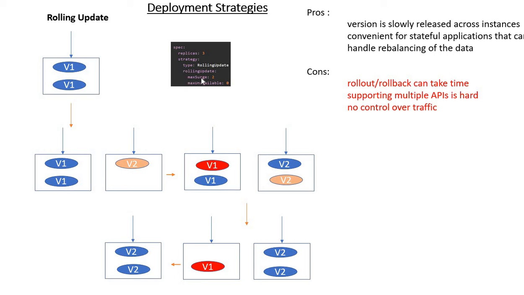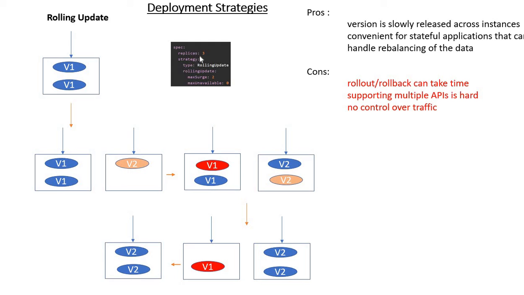Max surge is, at any point in the cluster, on top of my replica set, how many pods I can add in addition to the replica set. Let's say I have 2 already. If I set max surge as 1, at any point I can add one more pod.